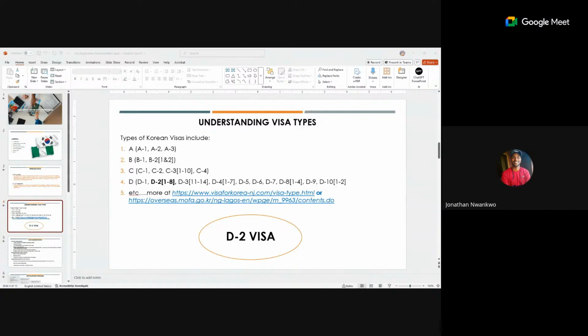Just as listed, you have C, you have D, but what we'll be focusing on for today is the D2 visa, which applies to you all coming to Korea as students to study. If you want to learn more about the visa types, you can take a screenshot of the link and later go through it so that you see the different kinds of visa and who and what they apply to. Next slide, please.